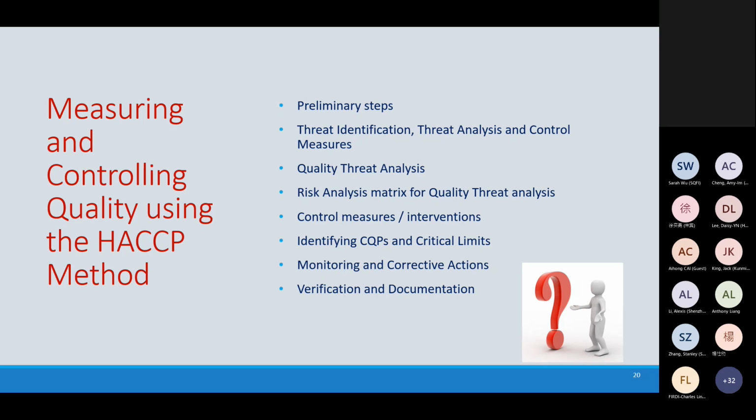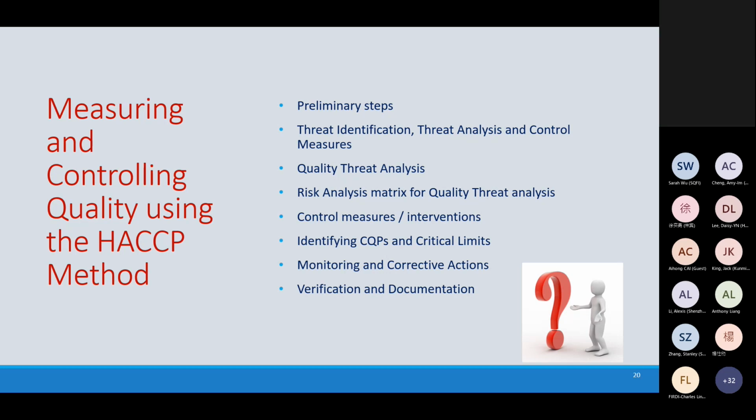The threat identification, threat analysis and control measures, determining and how to develop a quality threat analysis, developing a risk analysis matrix for quality threats, control measures and interventions, identifying critical quality points and critical quality limits, and then of course what follows from that is monitoring and corrective actions and verification and documentation.